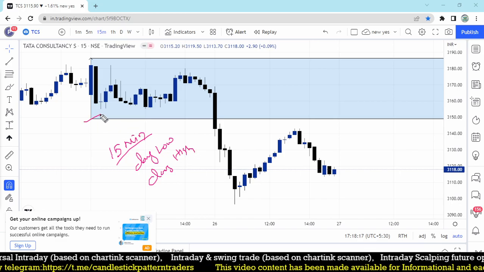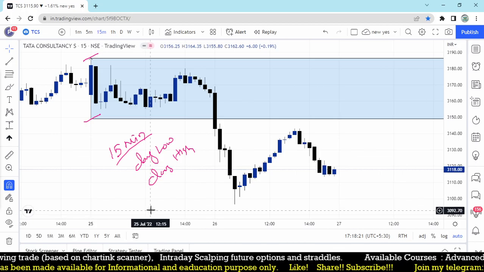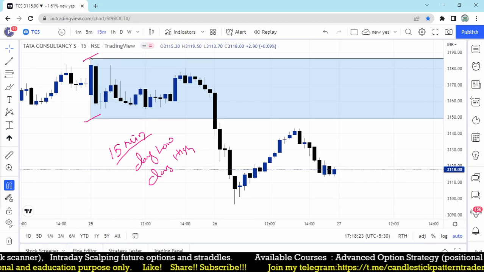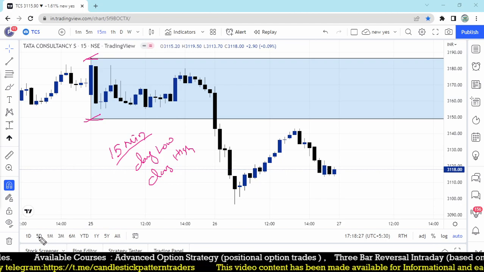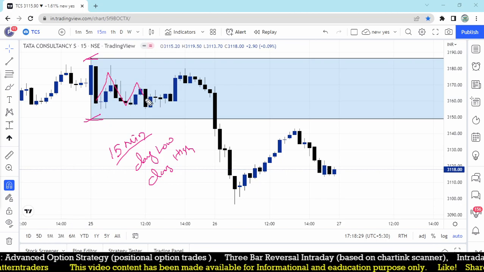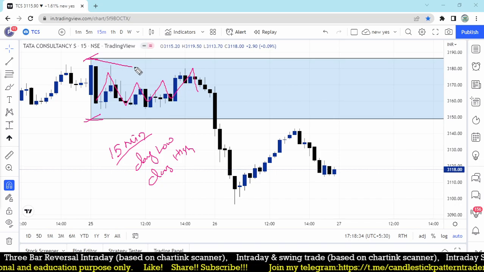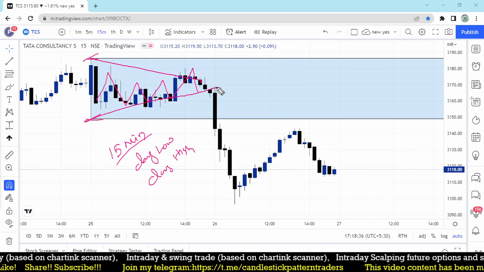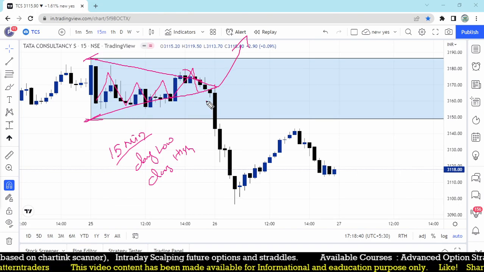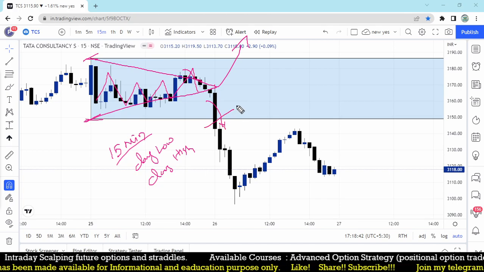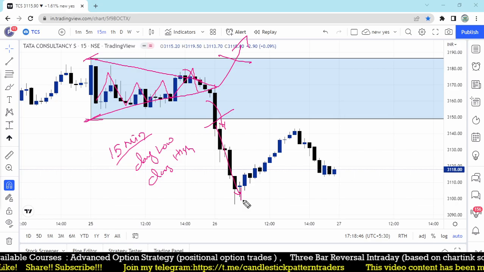That means there is a very narrow range in the price. Tomorrow there is a possibility that it can either break up or break down, and that will give you profits.